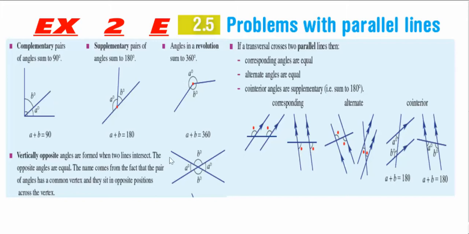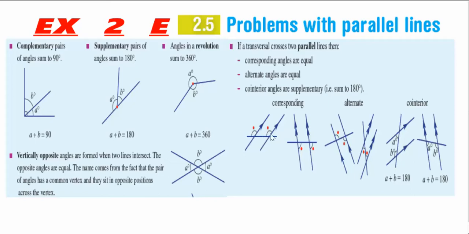You've also got to have an understanding of the vertically opposite angles as well, when you have two lines that are crossing, like these ones down here. You've also got to have an understanding of your corresponding, your alternate and your co-interior angles and the various aspects of them, and what they add up to and whether they're equal.